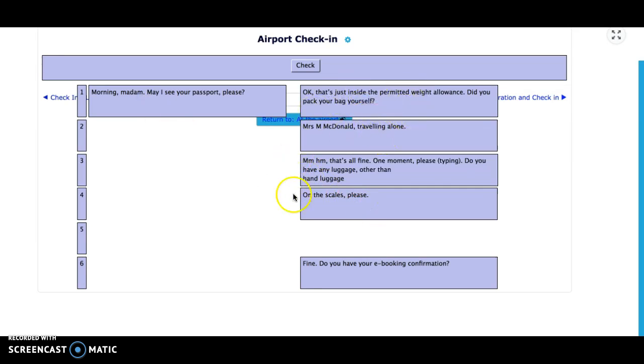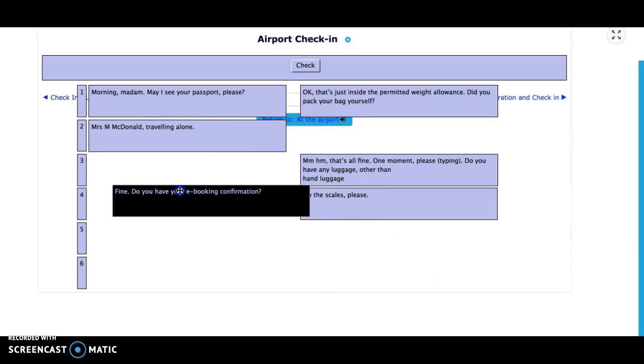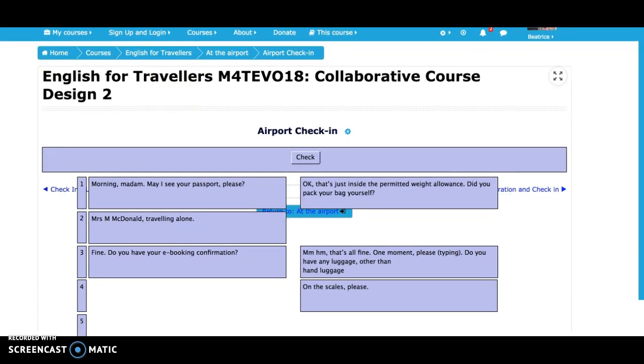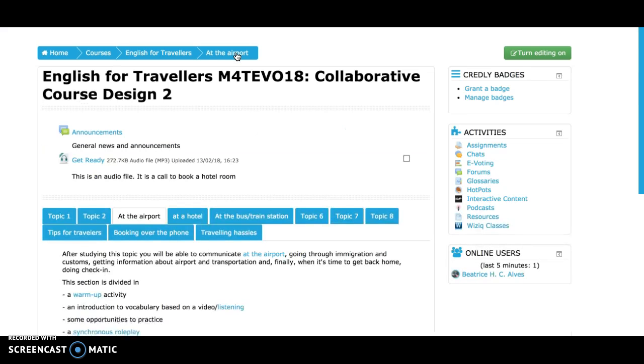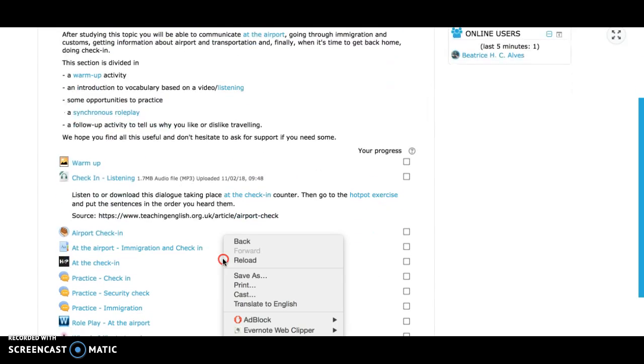They have to match. Here they go, and I'm not going to demonstrate the whole game. But this is based on the listening.